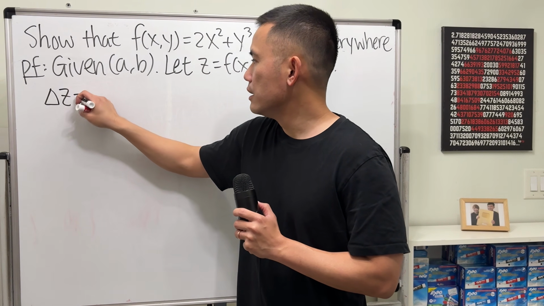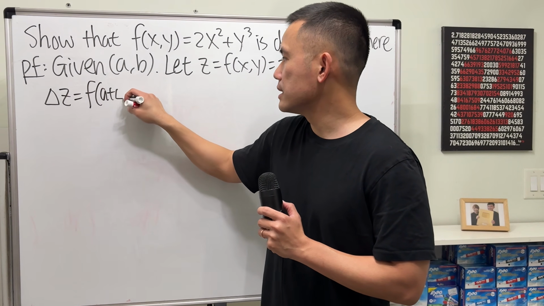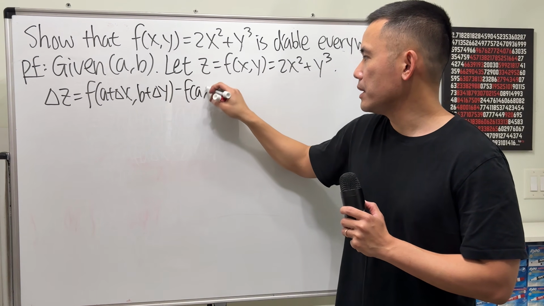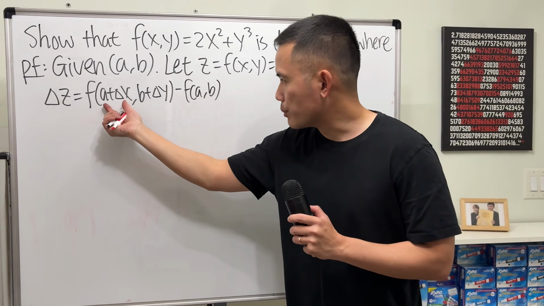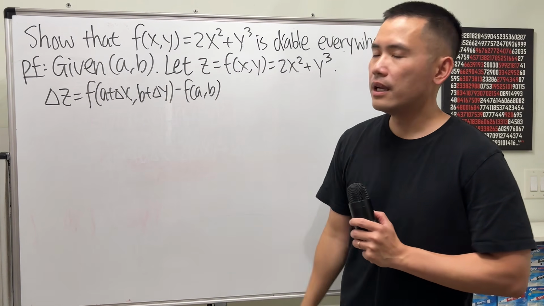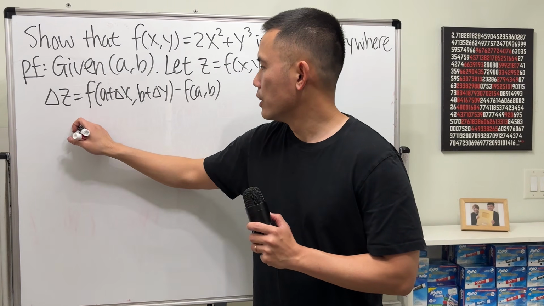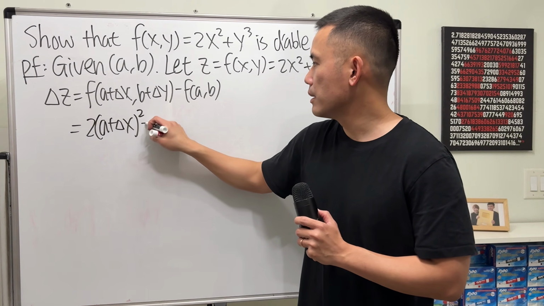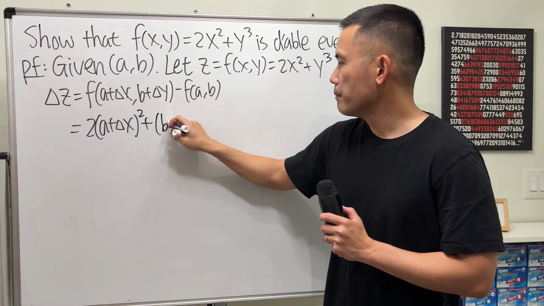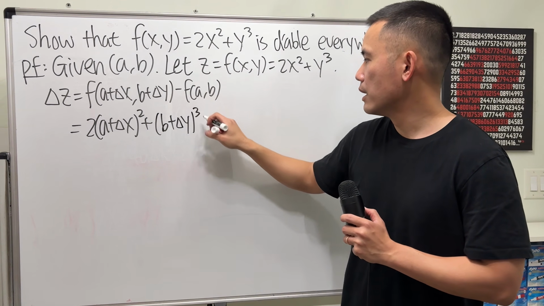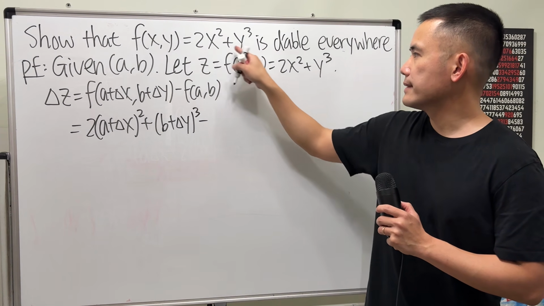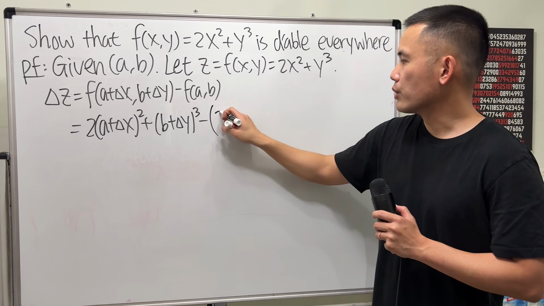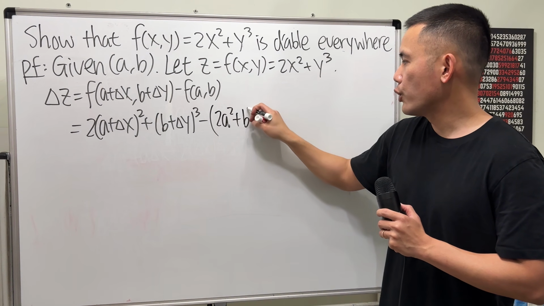By definition, this is equal to f of (a plus delta x, b plus delta y) minus f of (a, b). Then we just put these into x and y and do some algebra. Here we will have 2 times (a plus delta x) squared plus (b plus delta y) to the third power, and then minus, with parentheses because we need two terms, 2a squared plus b cubed.